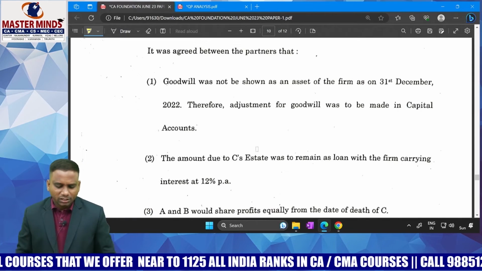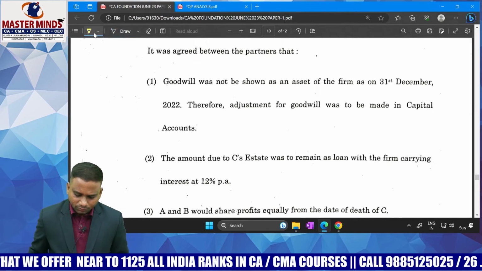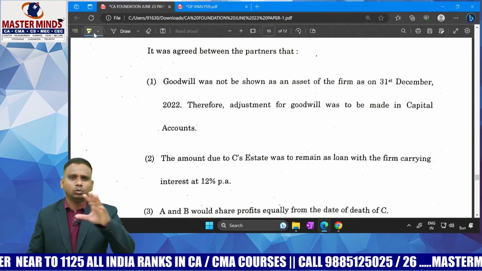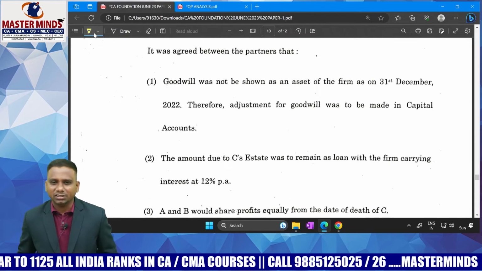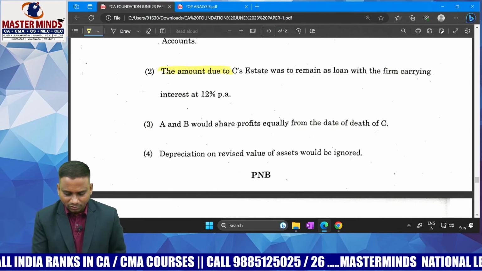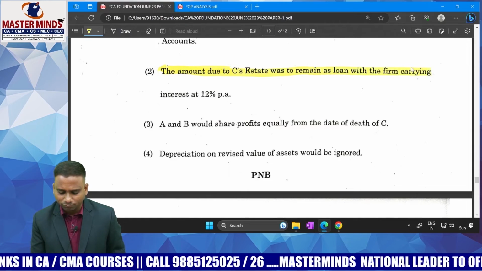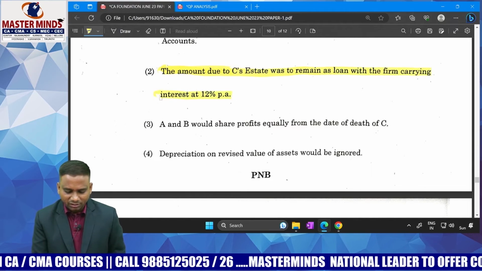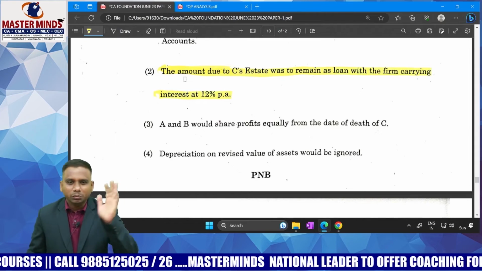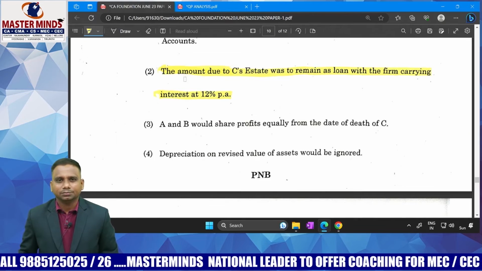Look at it, it was agreed between the partners that goodwill was not to be shown as an asset of the firm. That means goodwill is adjusted only through the partners' capital accounts. Fine. The amount due to C's estate was to be retained as a loan with the firm, carrying interest at 12% per annum. So, immediately you need not settle C's capital account.